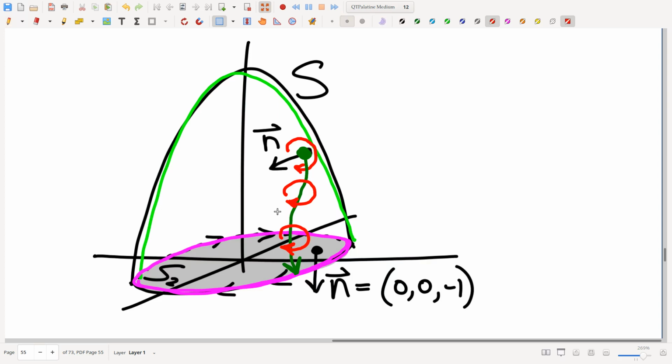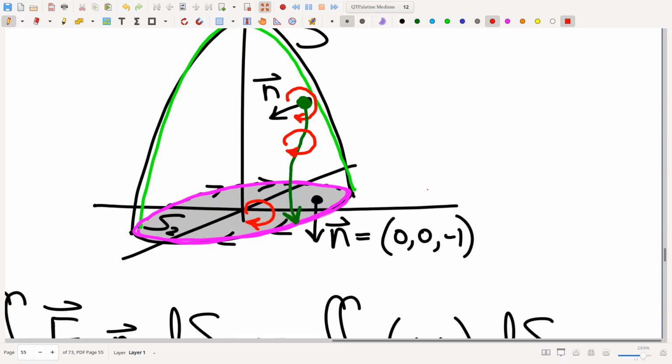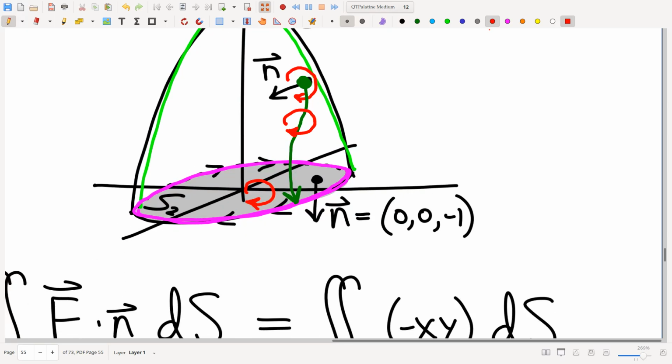I'm literally going to drag it over here where it's a little bit easier to see. How does that sideswipe up against the boundary? Well, it goes as I have it drawn there. It goes that way.